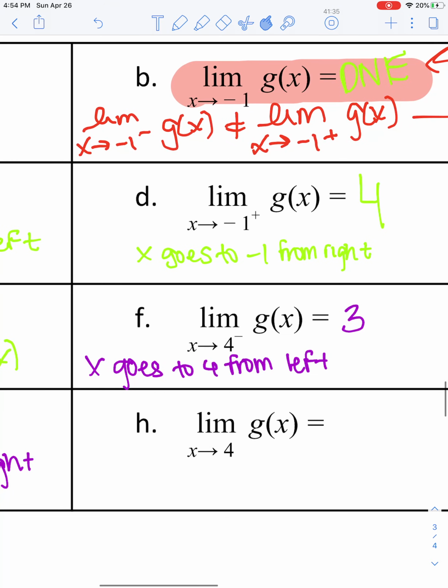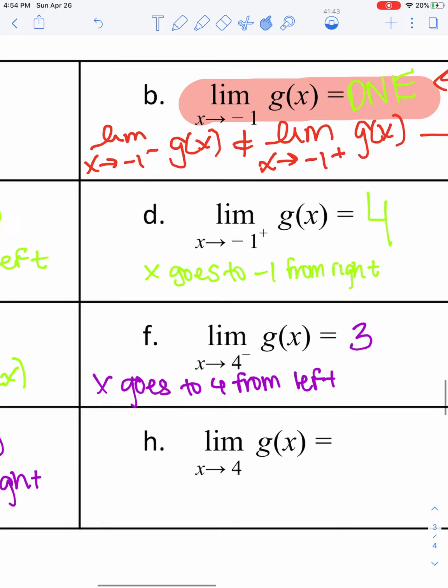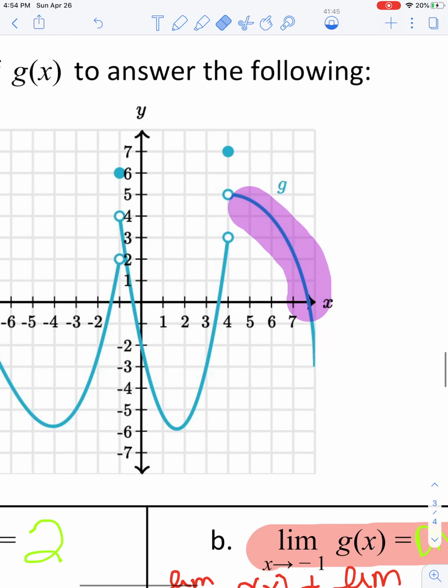Like we saw earlier, what this tells us is that the limit as x approaches 4 of g of x does not exist. When we look back at the graph, from either side of 4, when we approached from the left and when we approached from the right, we were getting two very different behaviors. As we approached x is 4 from the left, we got the behavior of 3.